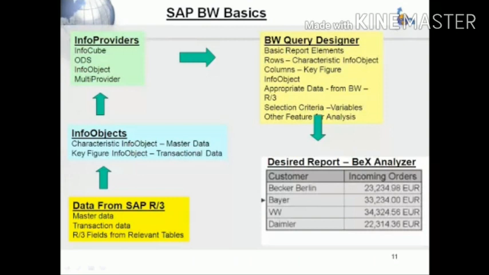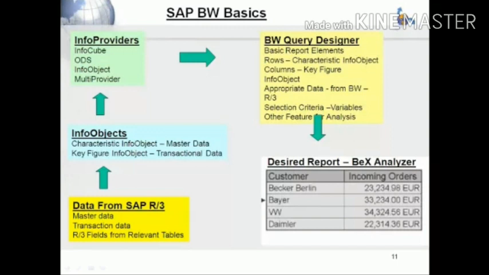Here are the basics of business warehouse. It has data from SAP R/3, info objects and info providers, and the business warehouse query designer. The designed report is given by analyzers to customers.